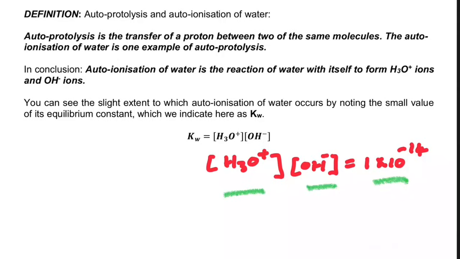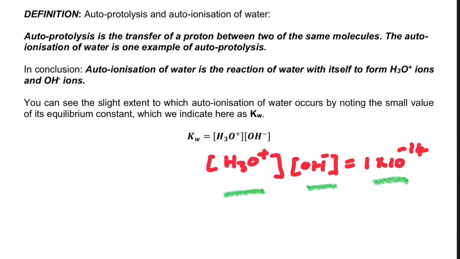We are going to derive a lot of things from this concept. H3O+ multiplied by OH- is 1 times 10 to the power minus 14. Well, from this, we can actually get to showing that pH plus pOH is equal to 14. This is where a lot of things stem from, right? You'll see that in a few.